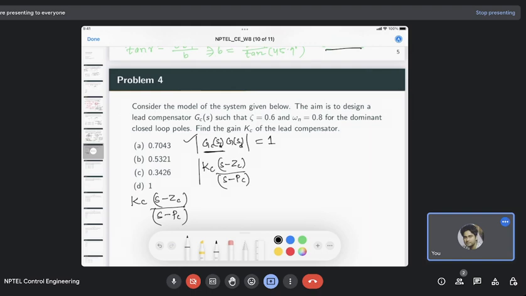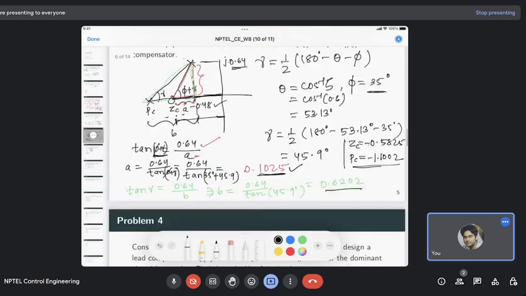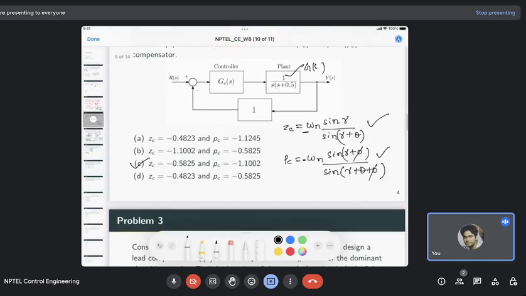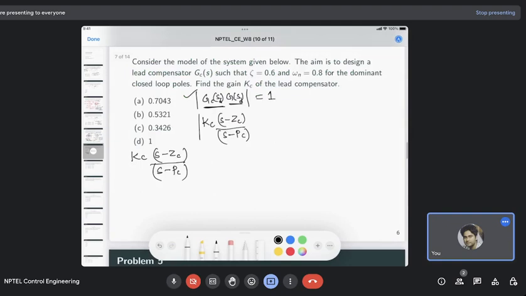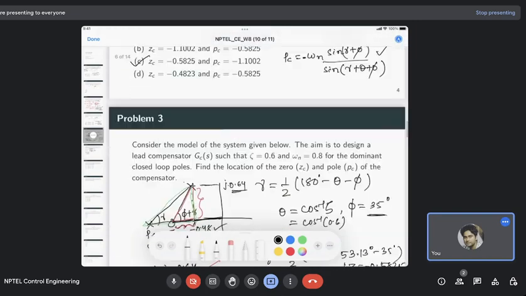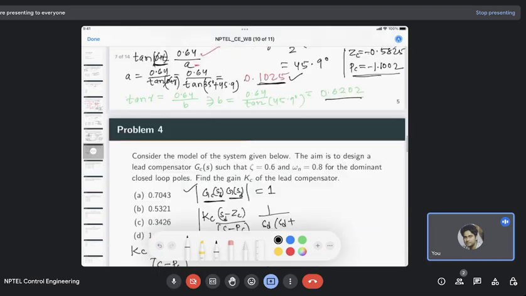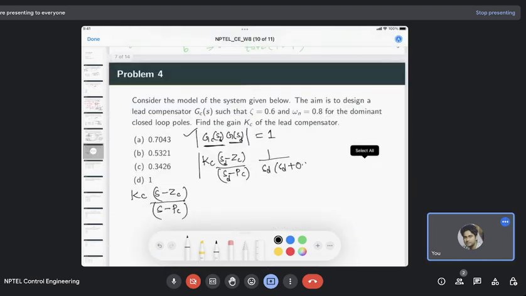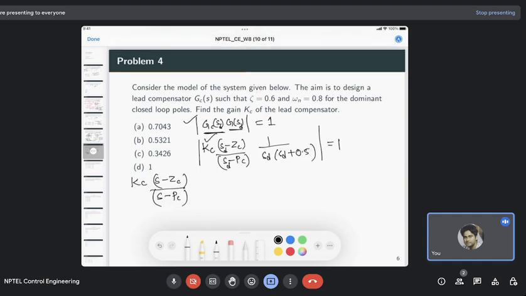The transfer function of the plant is 1 by s plus 5. We take sd as the dominant pole location, so 1 by (sd plus 5.5) 0.5. This magnitude should be 1, so from that we can find this Kc value.